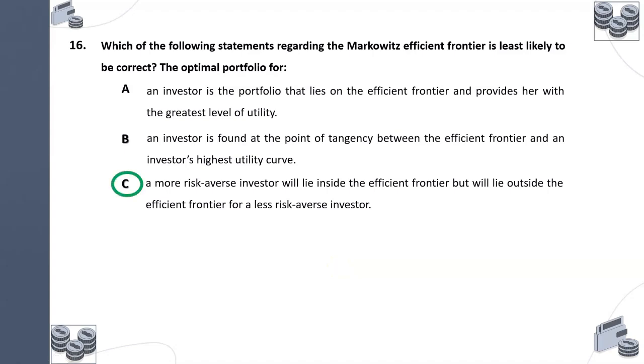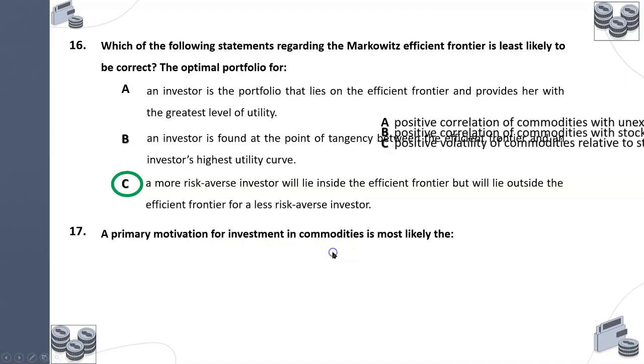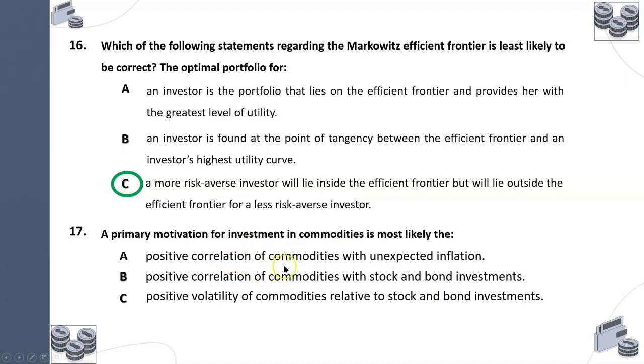This is wrong. 17. A primary motivation for investment in commodities is most likely, that means why. In simple terms, why do we invest in commodities? What motivates us? Let us see the answers. A. A positive correlation of commodities with unexpected inflation.